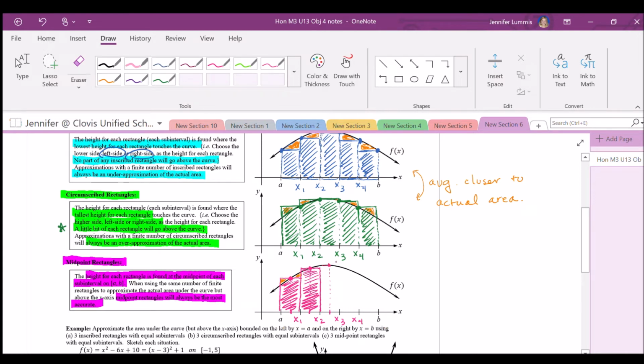Okay, that's our height there. Halfway in between x3 and x4 takes us up to a point on the curve. That's the height for the fourth rectangle. And then the last one, halfway between x4 and b, we'll take that up. And then that's the height there for the last rectangle.